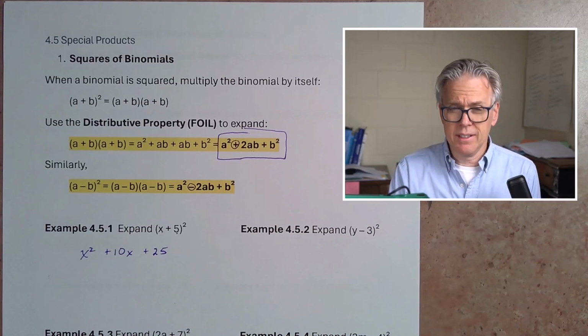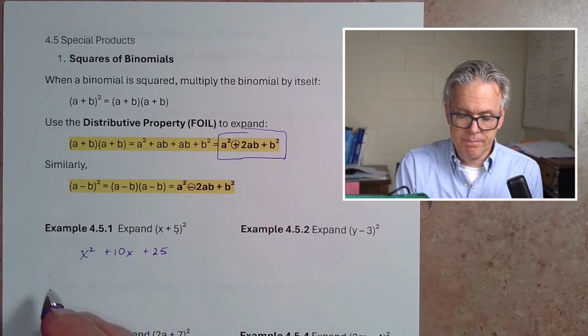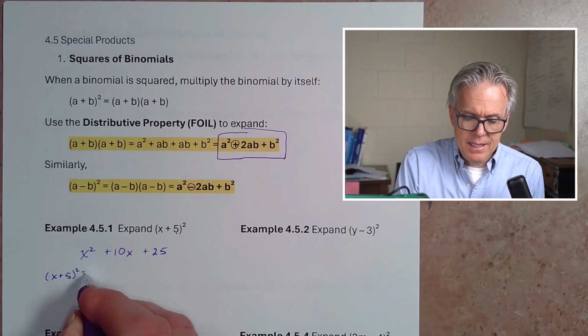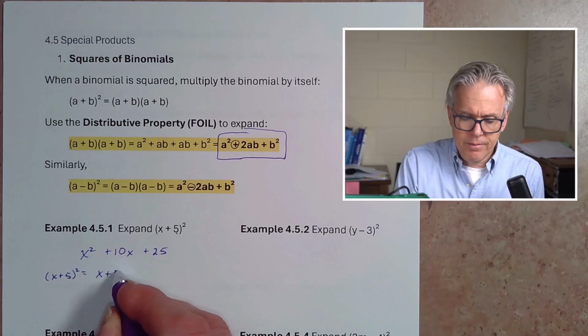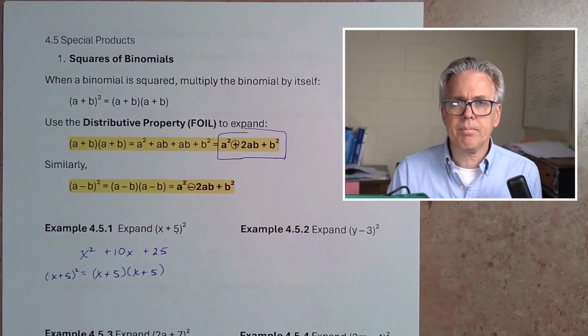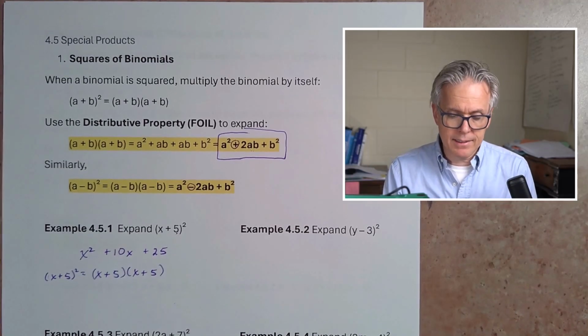Now, the other way to do this, and I'll be honest, it's actually the way I recommend, is what does it mean to square something? So if I'm doing x plus 5 quantity squared, that means x plus 5 times x plus 5. And then I can just use my FOIL technique that I learned in the last lesson.